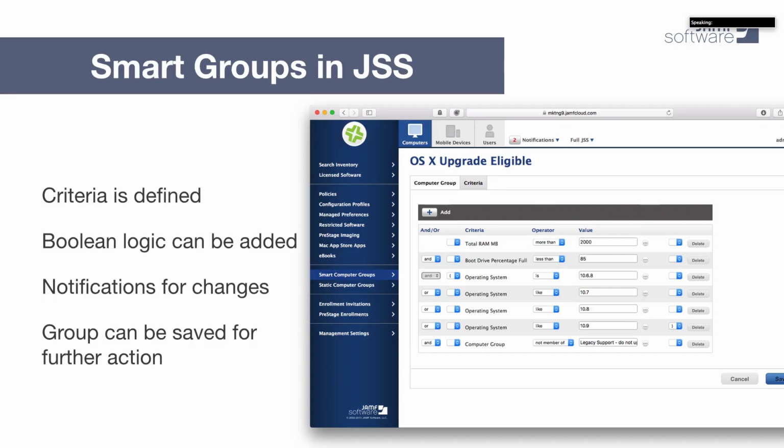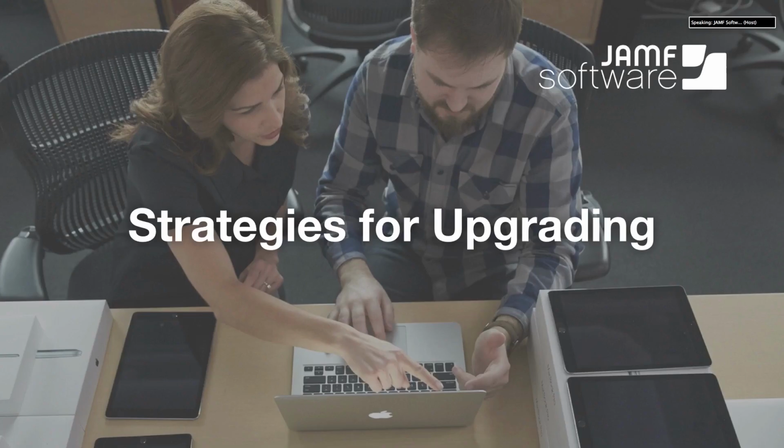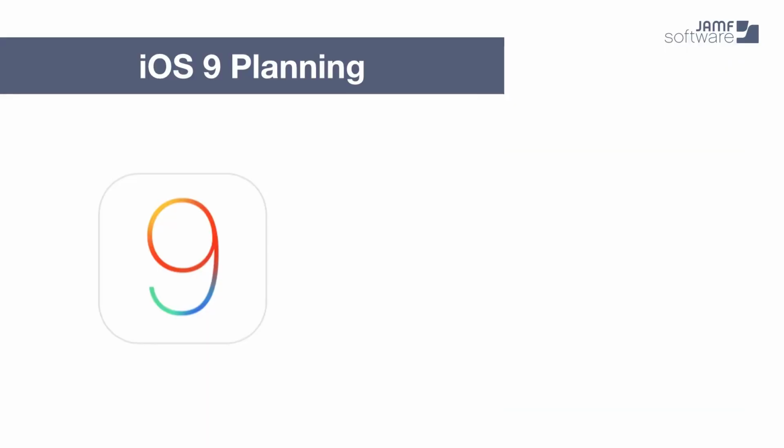So now that we know all of the Macs that are eligible for an upgrade, let's talk about these strategies for upgrading. First, with iOS 9, the strategy for upgrading to iOS 9 is, unfortunately, you just have to let users get iOS 9 because you can't block iOS updates yet. If you're on 8 and you want to go to 9, there's no way to block that.